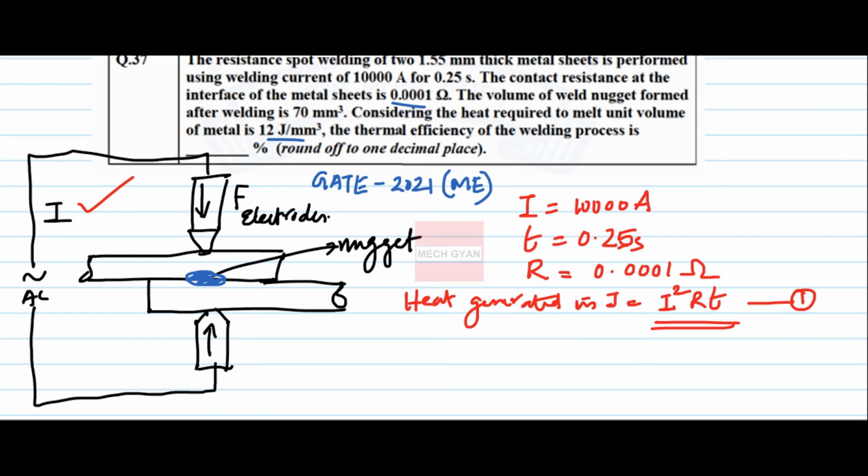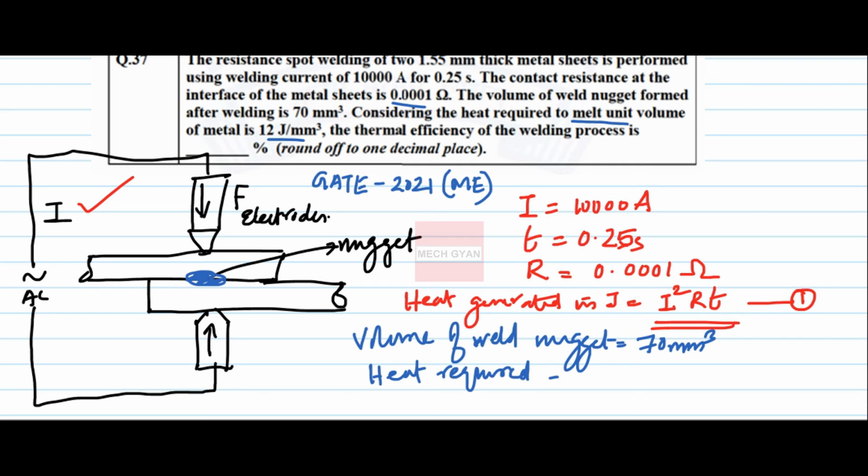Now we know that the volume of this nugget is given. Volume of weld nugget equal to 70 mm3. See the unit, and heat required to melt unit volume of metal is 12 joule. So heat required to melt is equal to 12 joule per mm3.